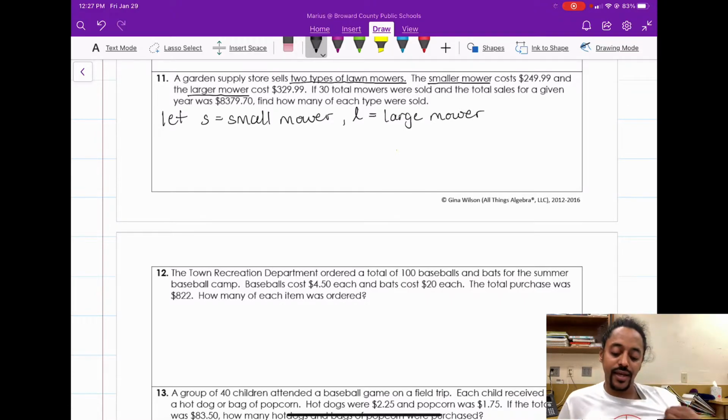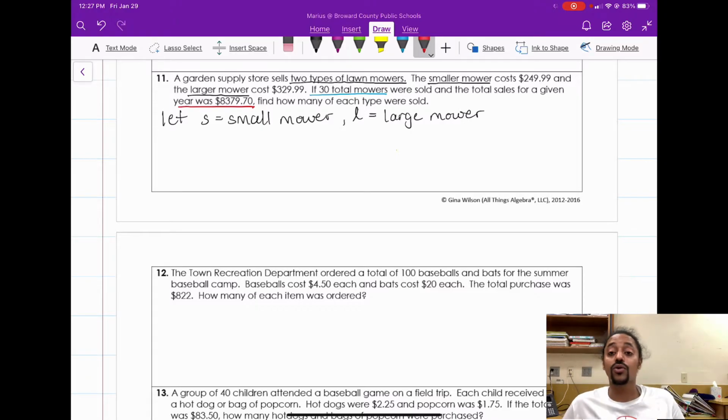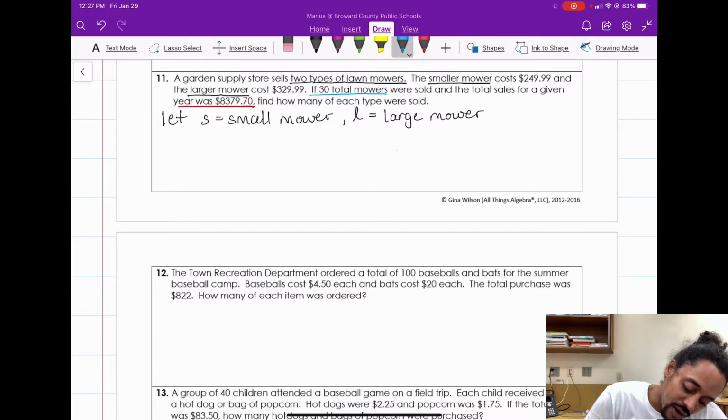Now that we've done that, we have two different totals here, okay? One of the totals is for the number of mowers sold, and the other total is for the total cost, okay? So one of our equations is gonna be about the mowers, and the other equation is gonna be about the cost.